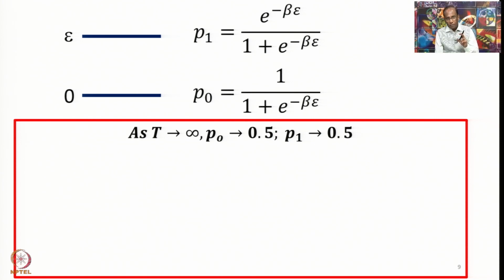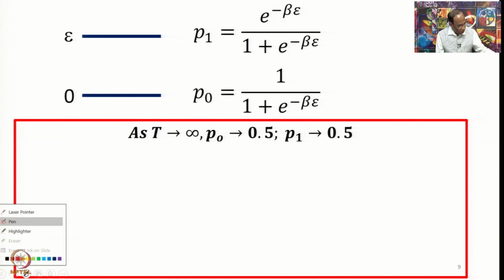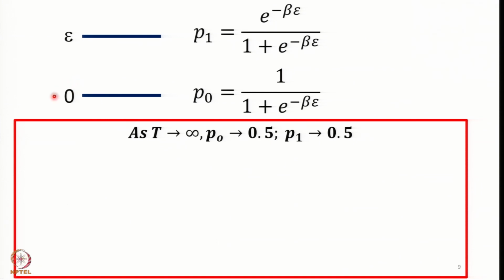How did we derive that conclusion? We considered a two level system which are separated by E. The ground state we always took as 0. First excited state is E. We started our discussion by considering only a two level system and we found expressions for P0 and P1.